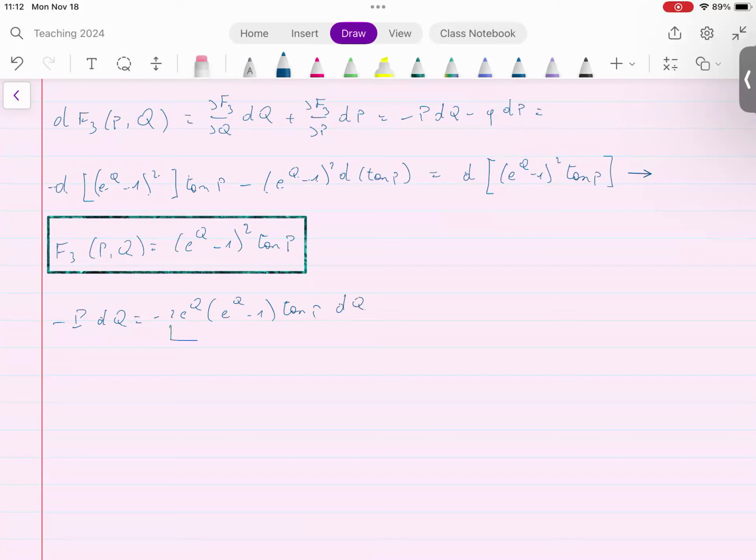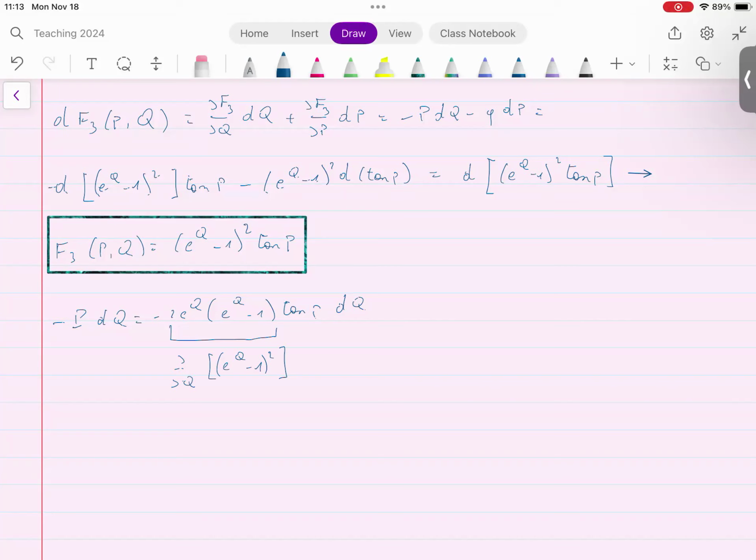But this expression here is d over dQ of e to the Q minus 1 squared. You can see it easily.